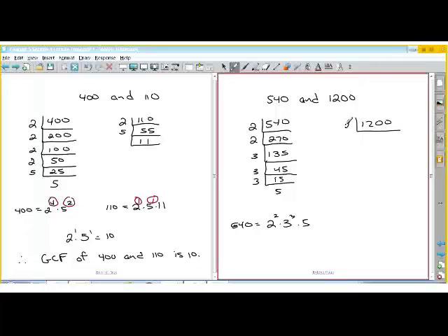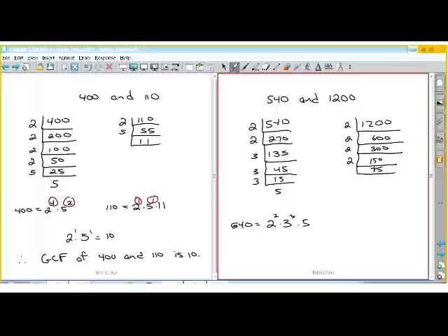And we do the prime factorization of 1200. We get that far with the even numbers, the 2's.